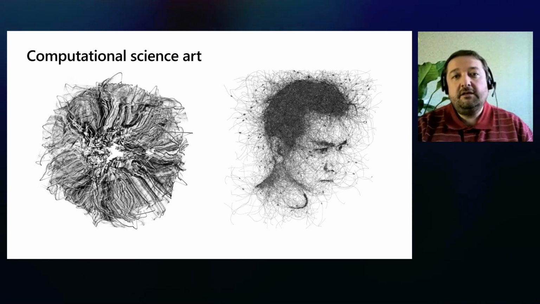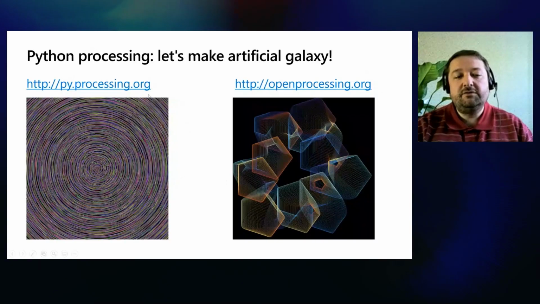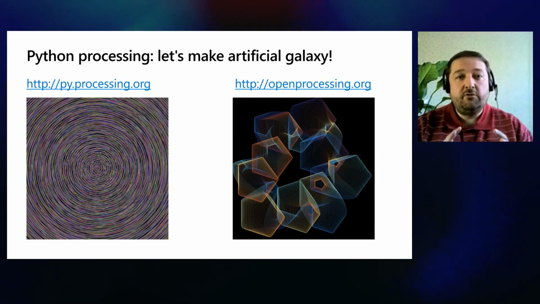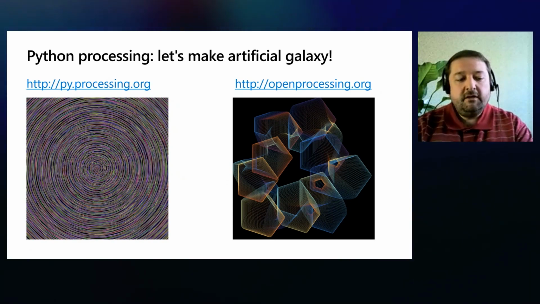And artists sometimes use their own tools. One of the tools that they often use is called Processing. So Processing is a language and a programming environment which contains powerful drawing commands based on OpenGL, so that you can produce really beautiful things.